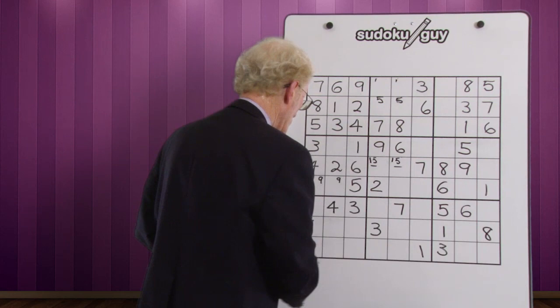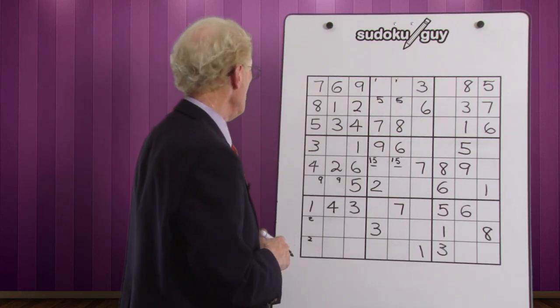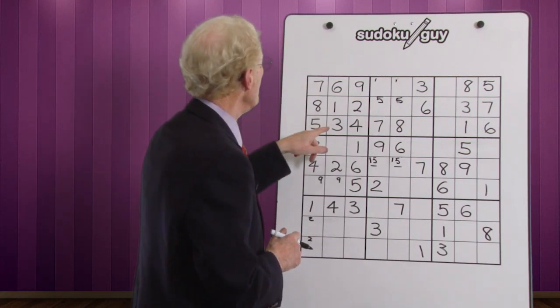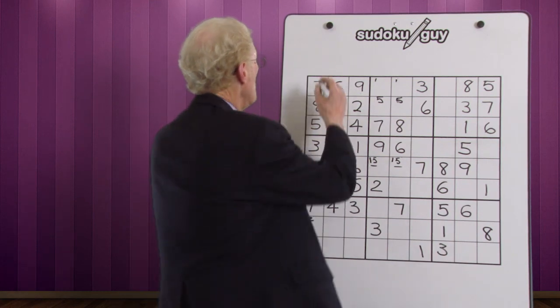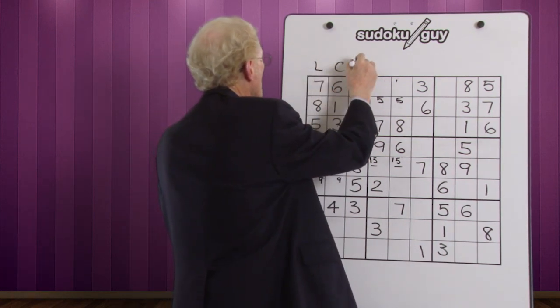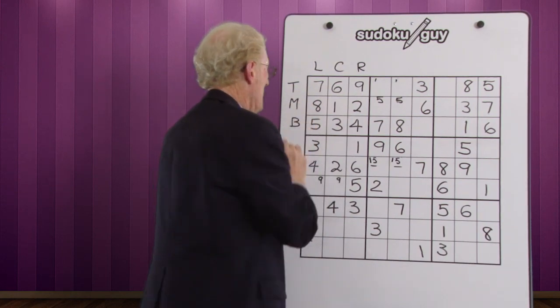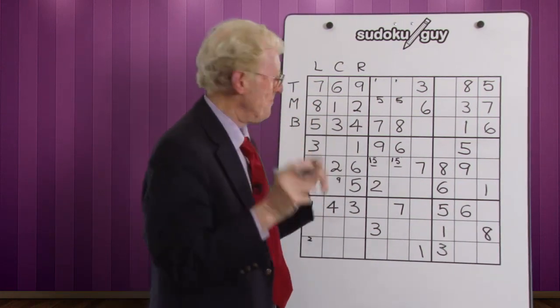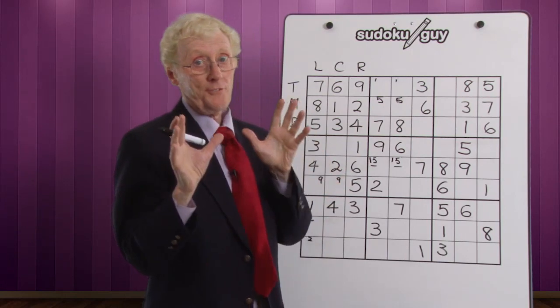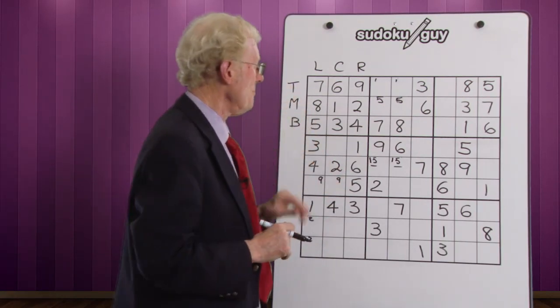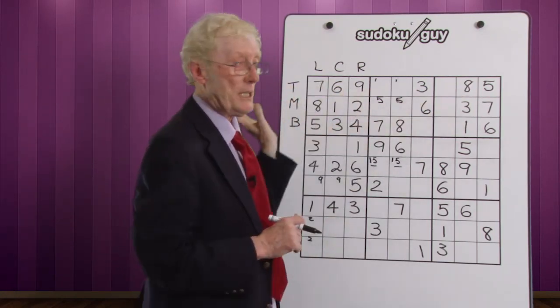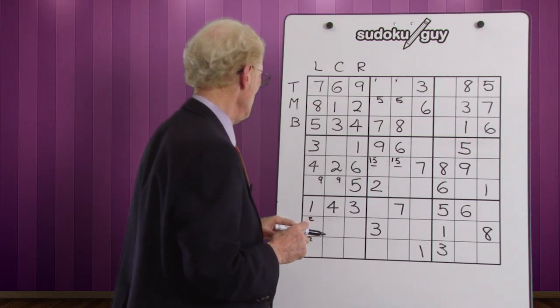There's no 2s along here, so it stays as 2 small 2s. 3s. Well, we have the 3s already. We have a middle, and this is called left, center, right, whereas this is called top, middle, bottom. Okay, that's my abbreviation. For those of you who have taken my first course, you understand all these. Very important procedure to do every time you do a puzzle.